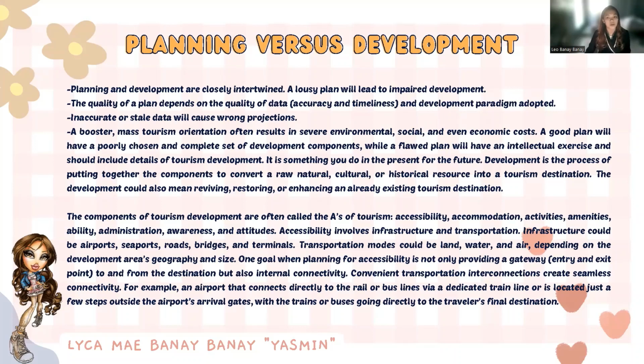So for example, an airport that connects directly to rail or bus lines via a dedicated train line, or is located just a few steps outside the airport's arrival gates, with trains or buses going directly to the traveler's final destination. See that? Internal connectivity in tourism is like a smart way of thinking, enabling passengers or people to have convenient transportation.